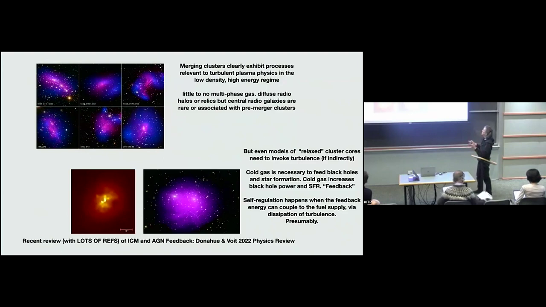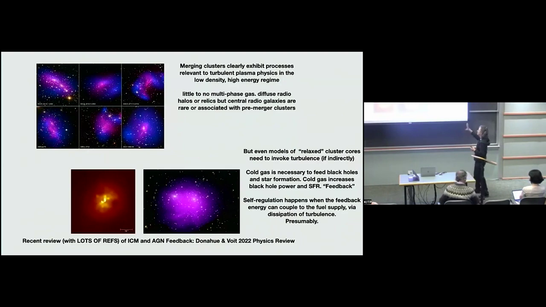And so clearly the merging clusters, folks who study plasma physics have been talking for many decades about wave interactions and particle simulations of the diffuse regime around merging clusters. I'm not here to talk to you about that.